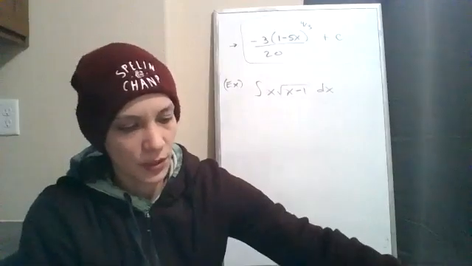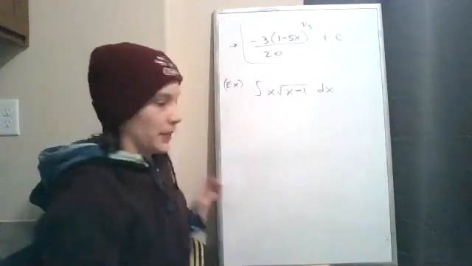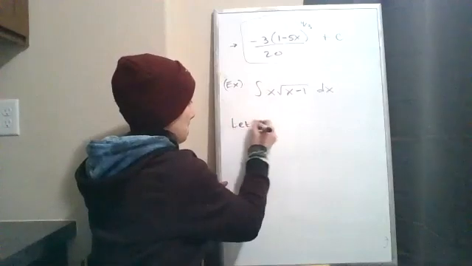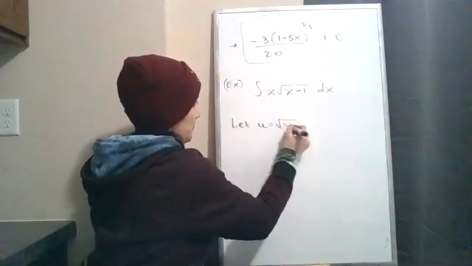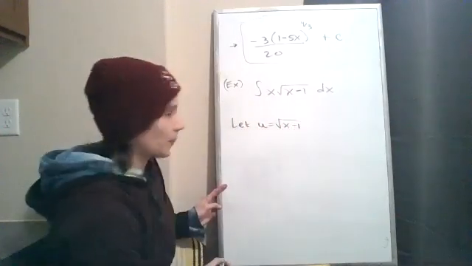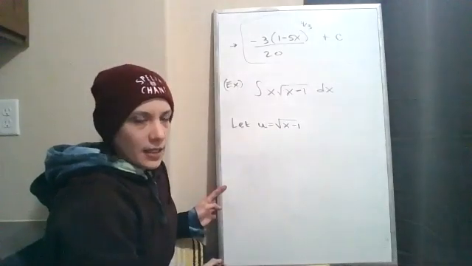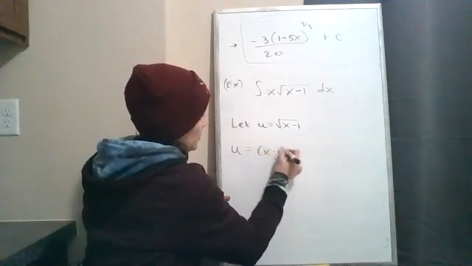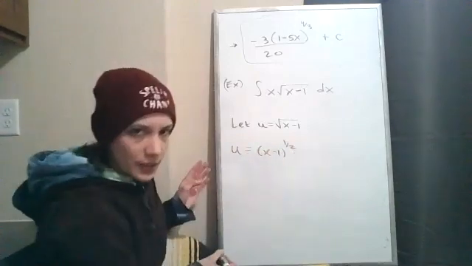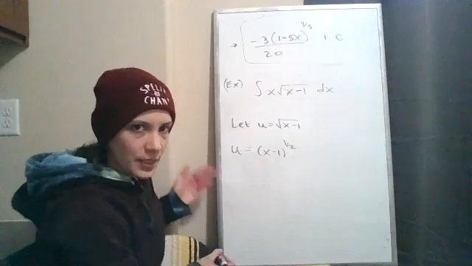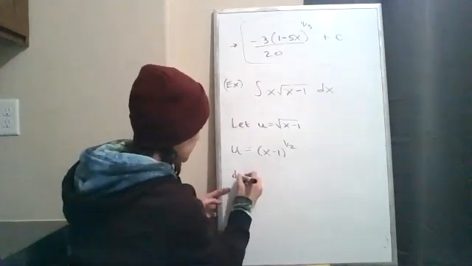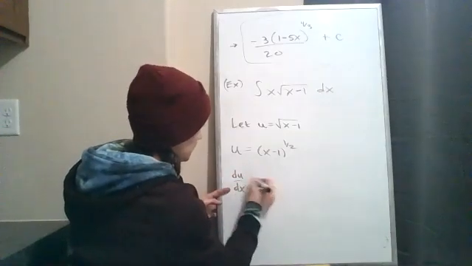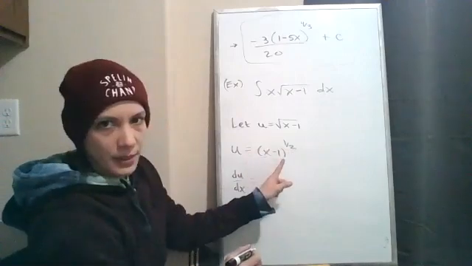I picked u to be the root of x minus 1. And then I rewrote it as x minus 1 to the 1/2 power, so it's easier to take the derivative. du dx is 1/2 x minus 1.